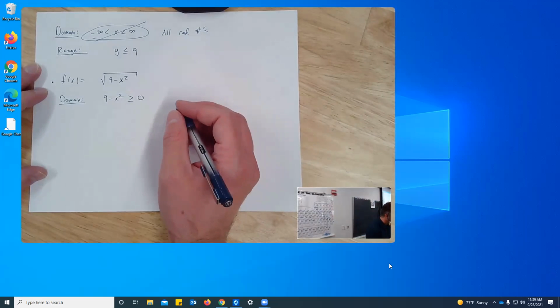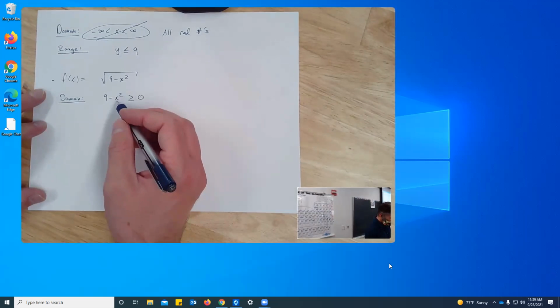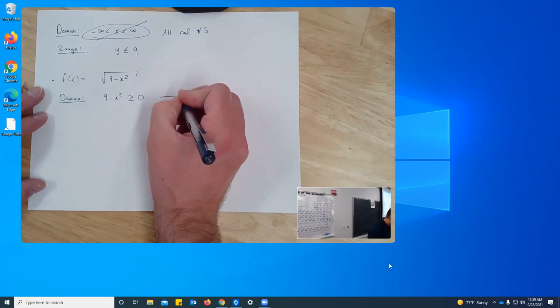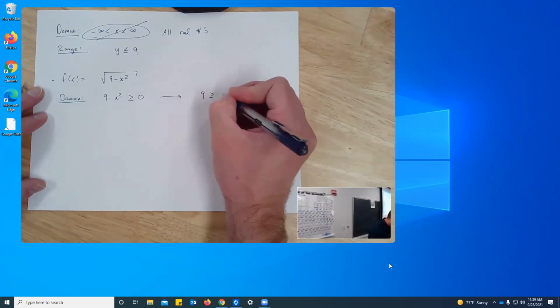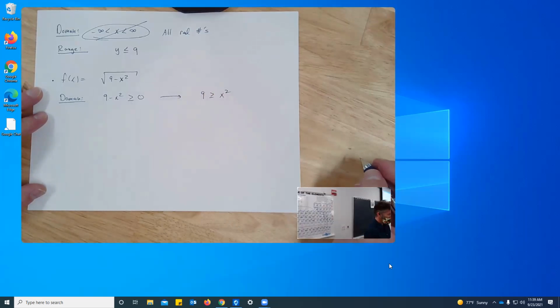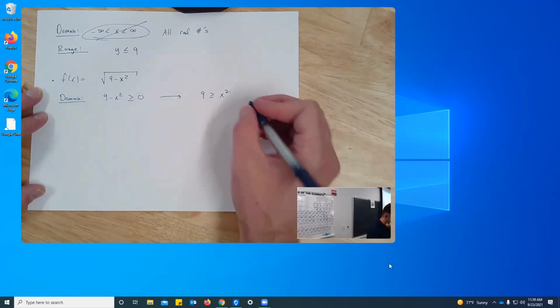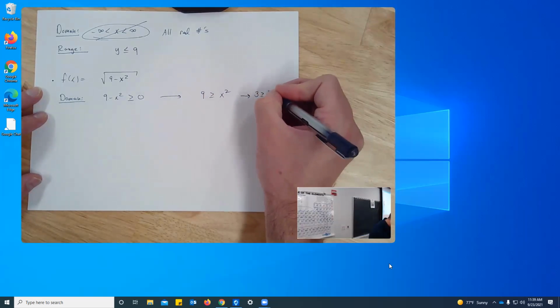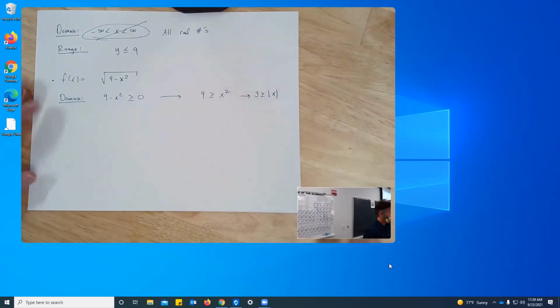I would probably do it by factoring. You could say 9 is bigger than or equal to x squared, and then square root both sides, but it's a little dicey. If you square root both sides, then you're going to have the square root of 9 bigger than or equal to the square root of x squared, which is the absolute value of x.